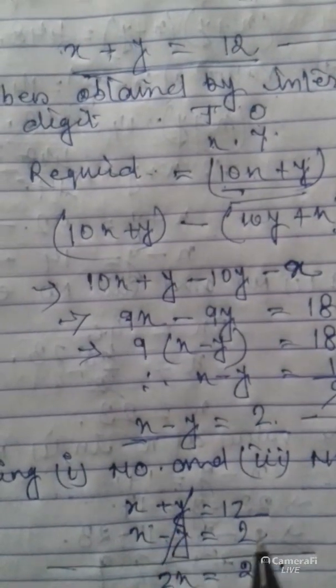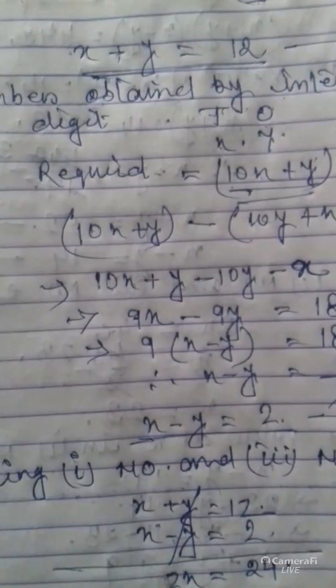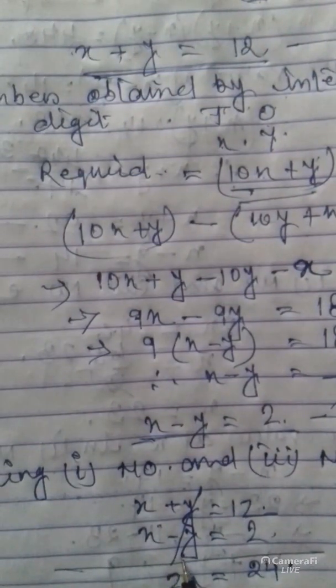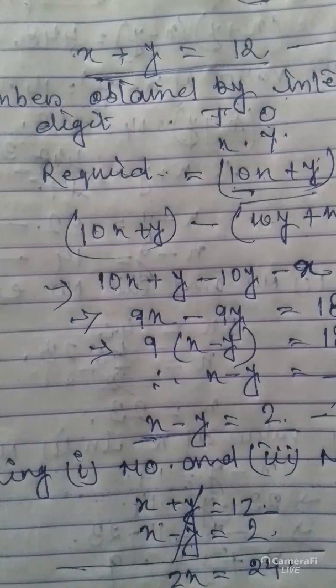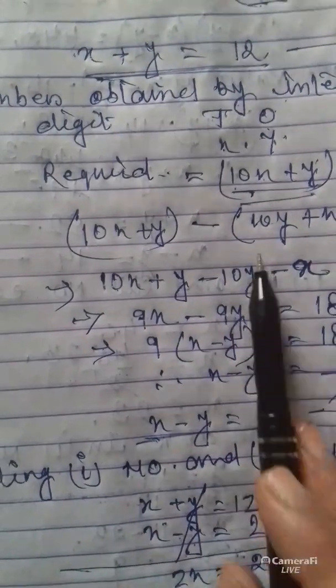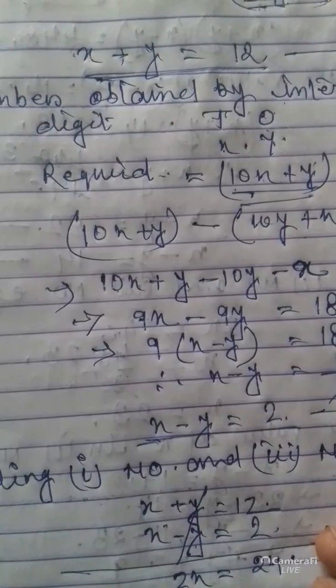Taking x plus y equal to 12 and x minus y equal to 2. The second equation comes from 10x plus y minus 10y minus x equal to 18.